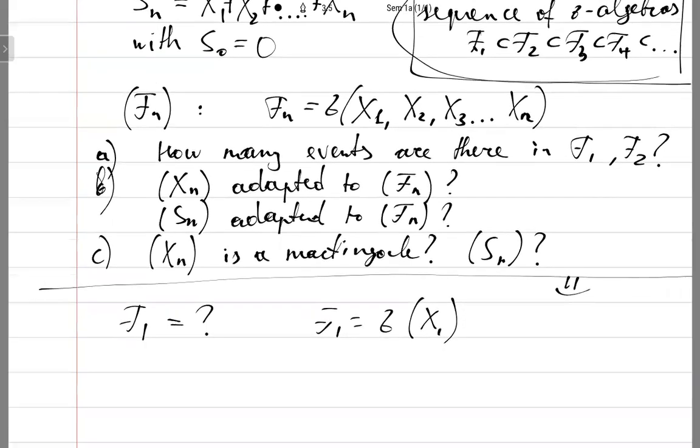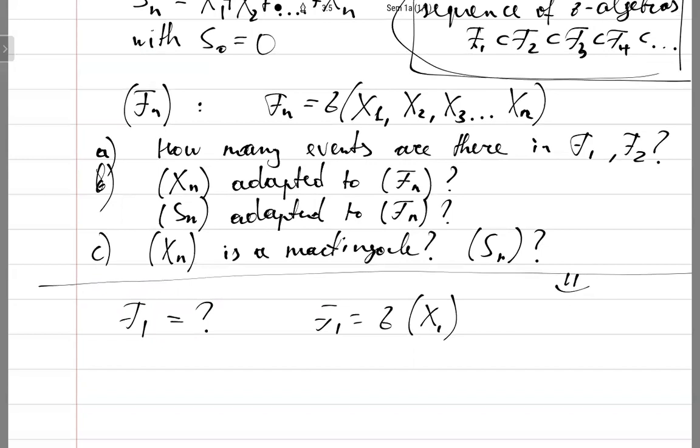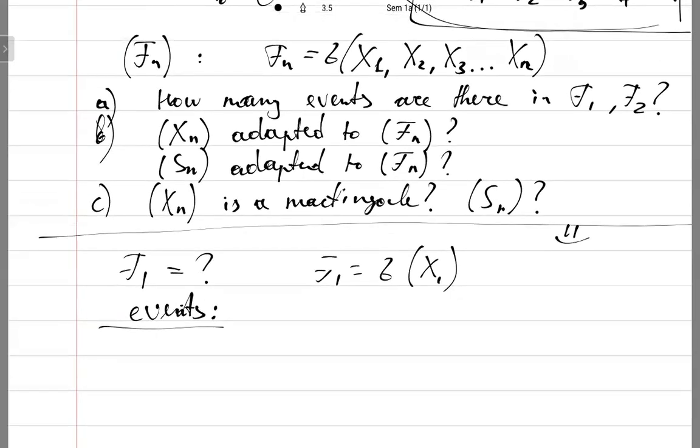Let me provide you some examples. I will provide some events, and you will answer whether I'm sure about the occurrence of these events or not. So let's create some events like X1 is 1, first event. X1 is greater than X2.